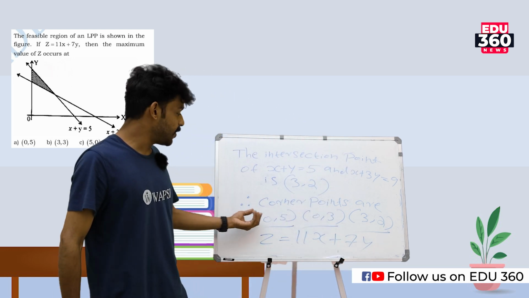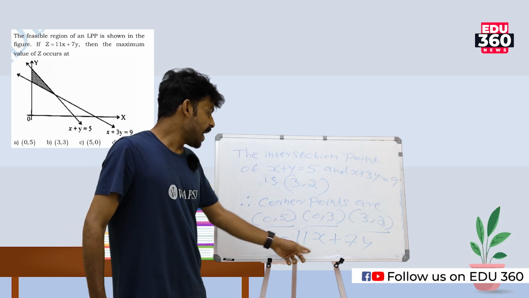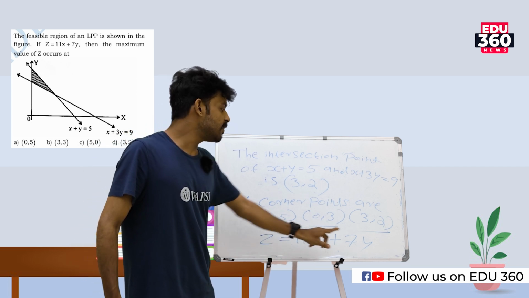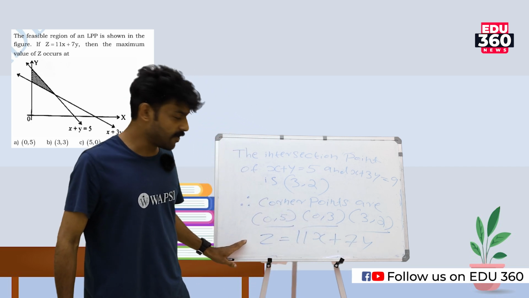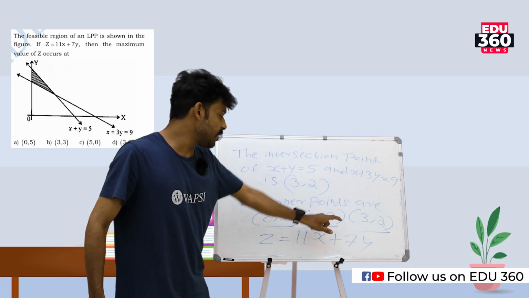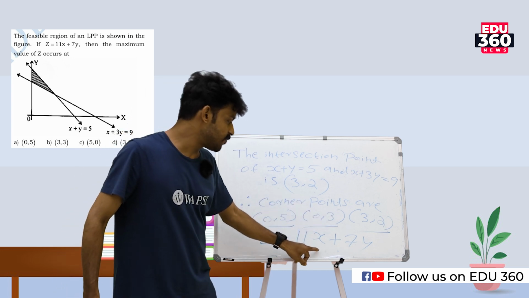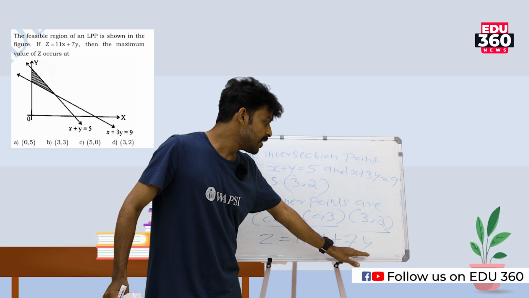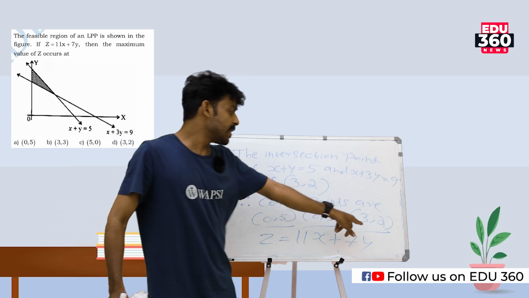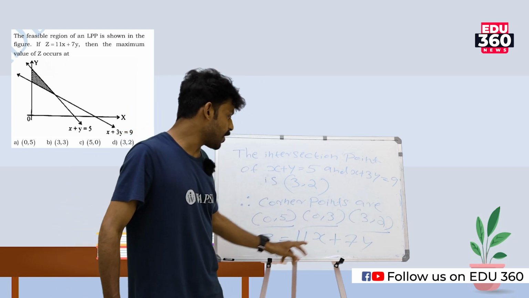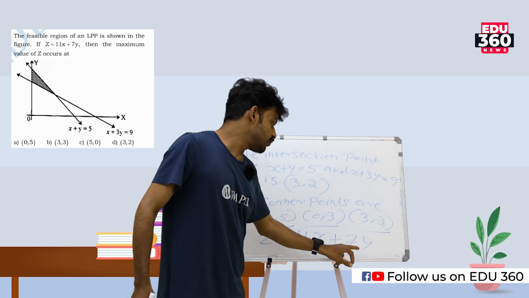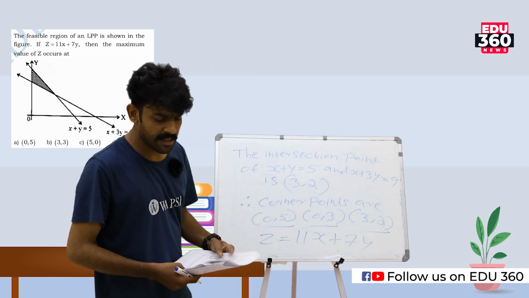For 0, 5, x is equal to 0 and y is equal to 5, we will get a value of Z. For 0, 3, substitute x is equal to 0 and y is equal to 3. For 3, 2, substitute x is equal to 3 and y is equal to 2. You will get another value of Z.